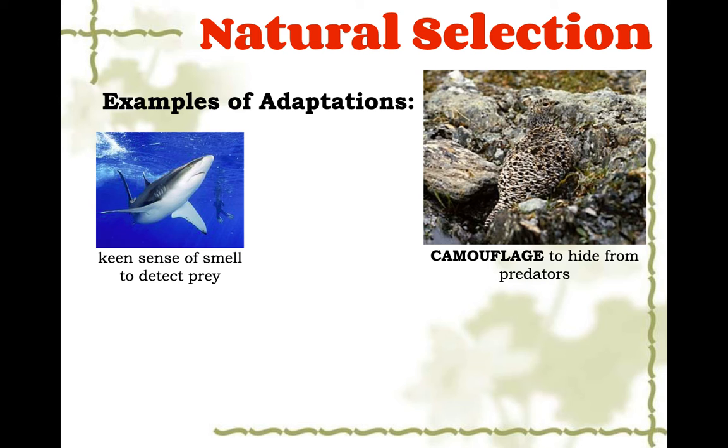Another example of an adaptation would be if an organism has a keen sense of smell that allows them to detect prey. So the organisms with the better smell are going to survive to reproduce more than those that don't have a keen sense of smell.